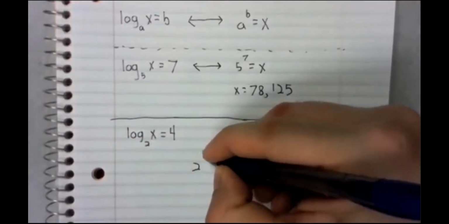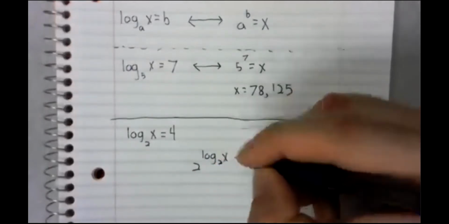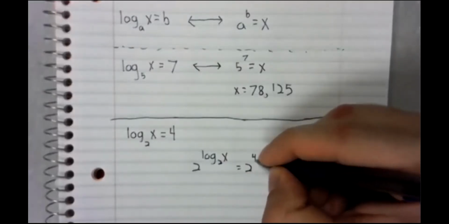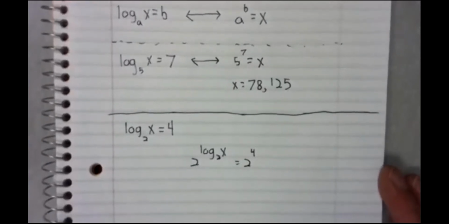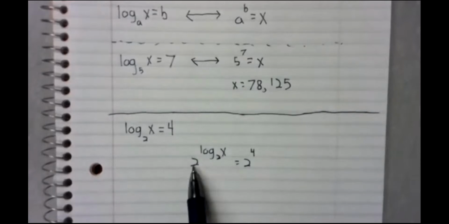So in particular, we can take both sides of the equation and put them both into an exponent.